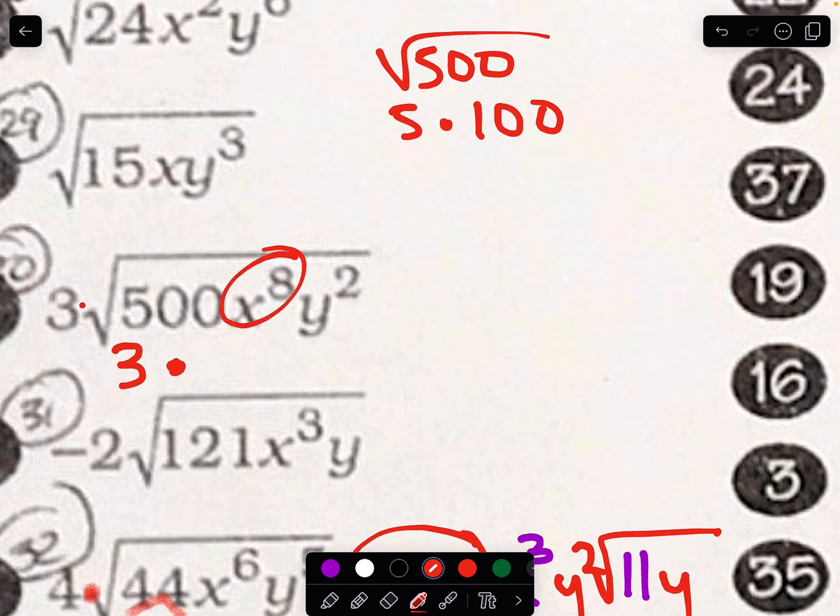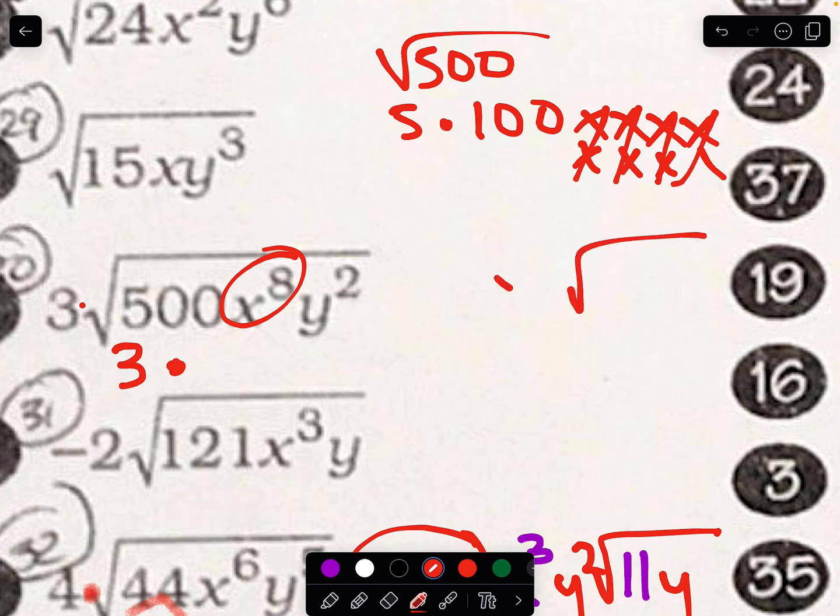If there's 8 of them, you got 4 pairs. 1, 2, 3, 4. So x to the 4th power, there's 4 of them. And y, there's 1 of them. x, y in standard form.